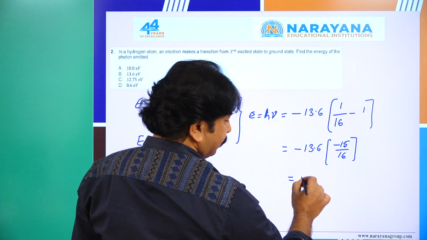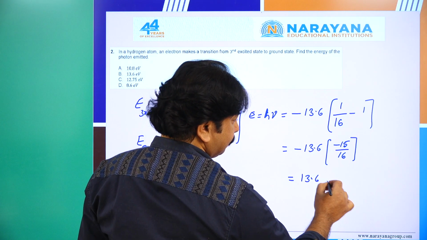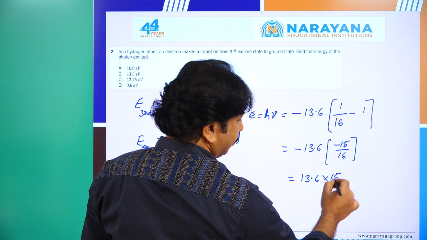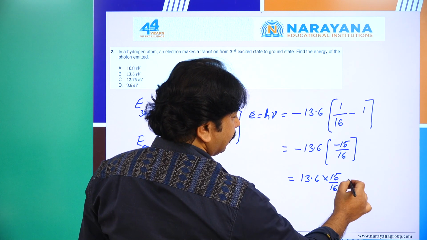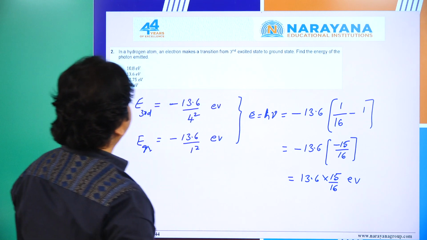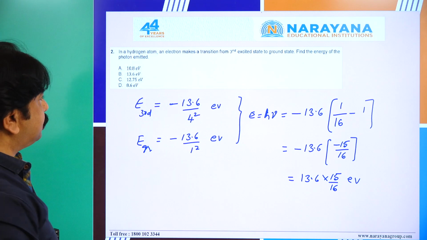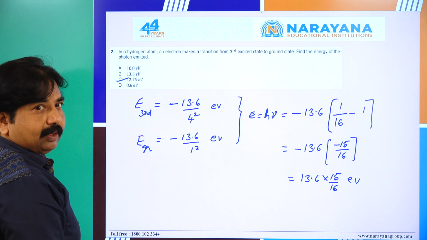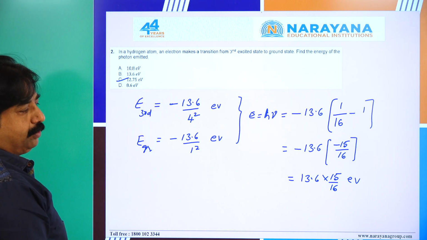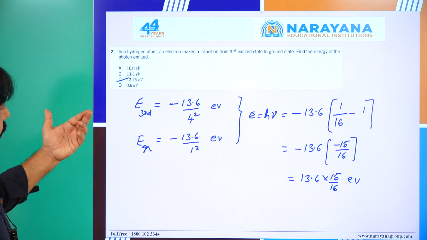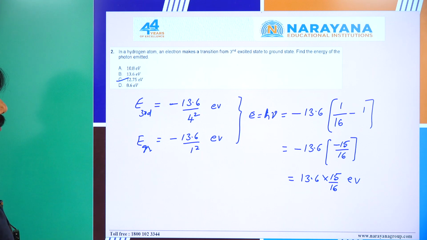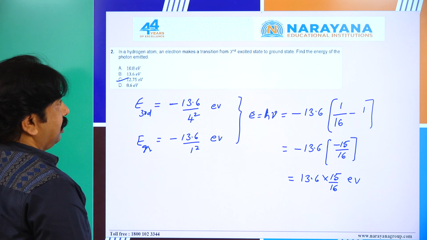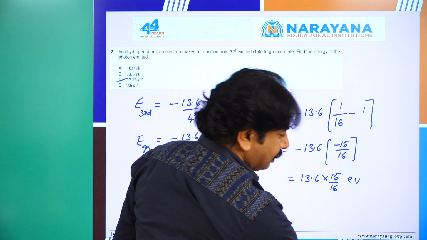So total 13.6 into 15 by 16 electron volts. So it is very close to 12.75. 13.6 into 15 by 16. By means of the answers also, we can calculate that point. Now we are going to the next question.